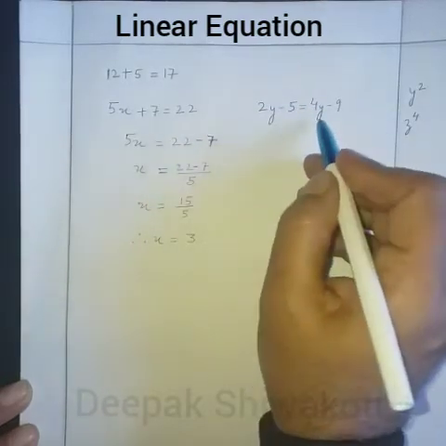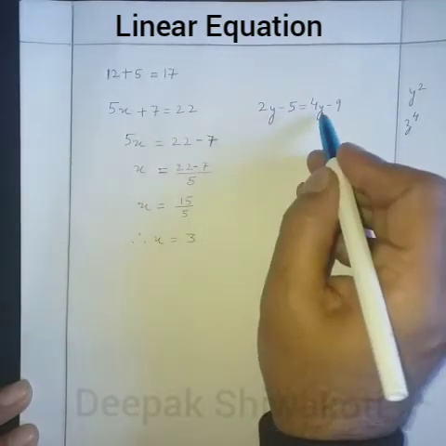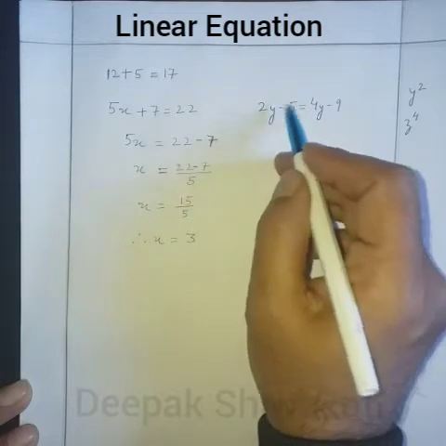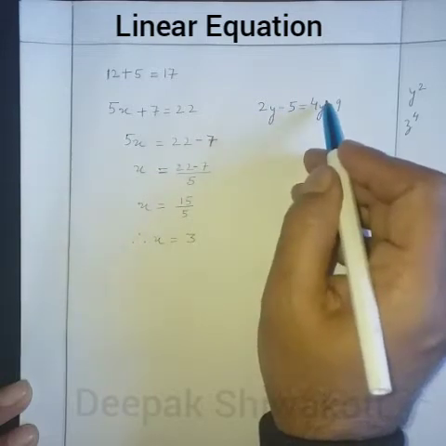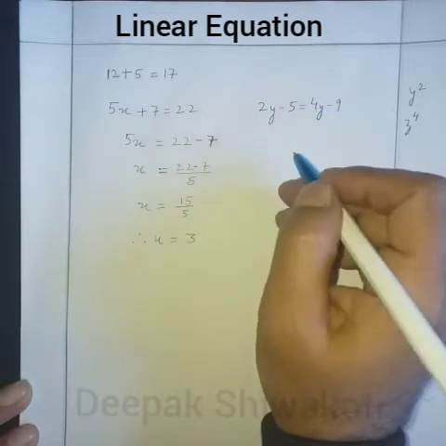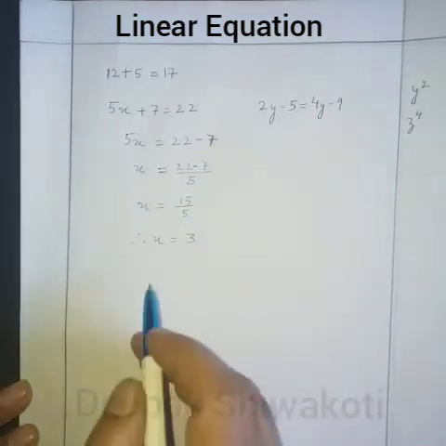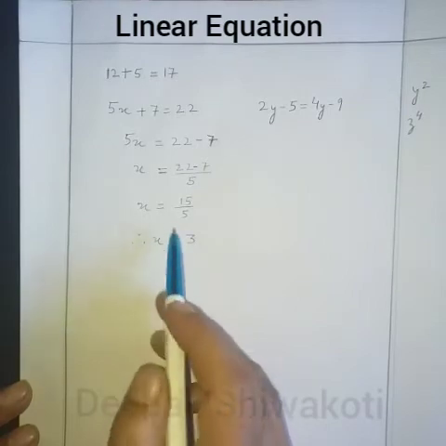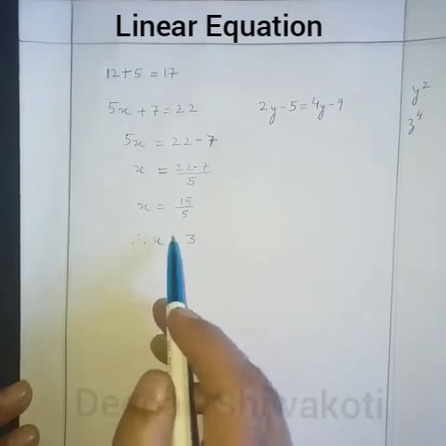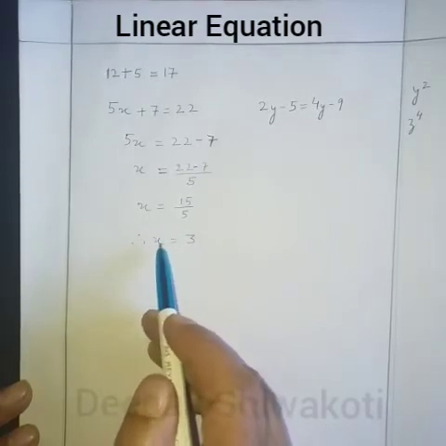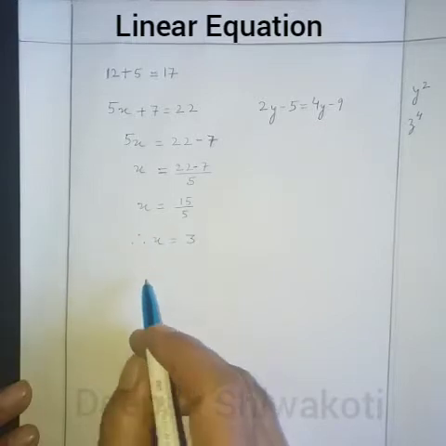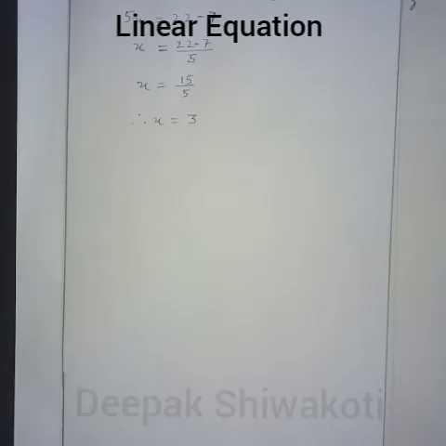Here also you can see one variable is there and the power is 1. So for the solutions of a linear equation we are always going to do this simple calculation. We have to find the value of the variable. Okay, so let us jump to exercise 14a.